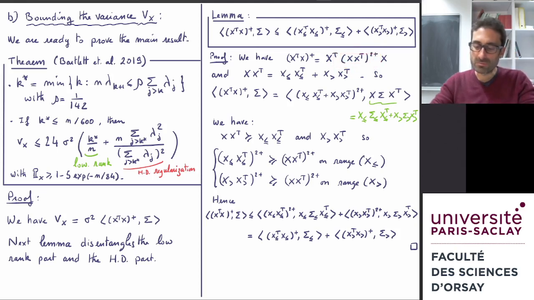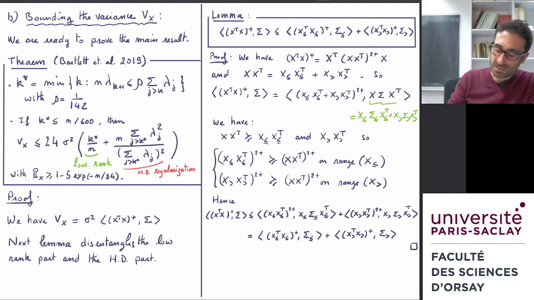If this formula is not obvious to you, just look at the SVD of this matrix and you will recover the SVD of this matrix. So I repeat, I take the SVD of X transpose, and I take 1 over the singular value to the square.